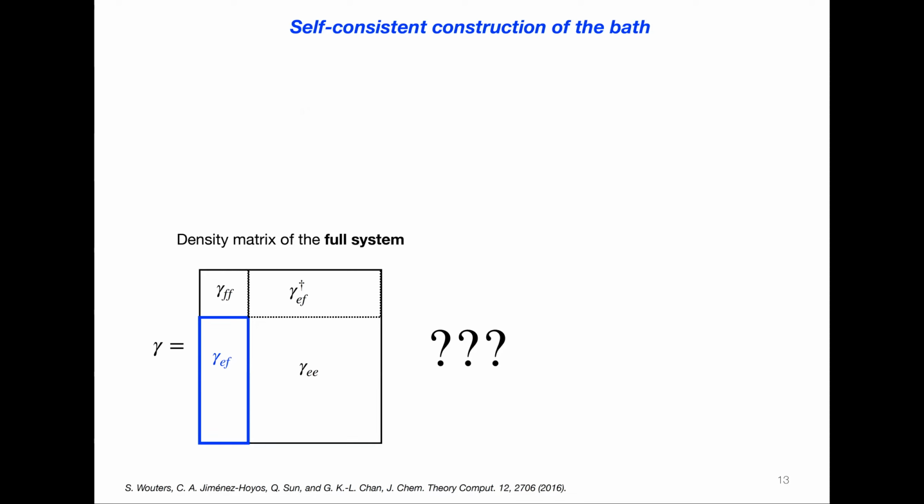So what happens in practice is that people just do a mean field calculation, which means that they use an idempotent density matrix to describe the full system. That's what you can afford at the scale of the full system, and you can always construct the quantum bath, of course, on that basis. Okay, and that's what is usually done in practice.